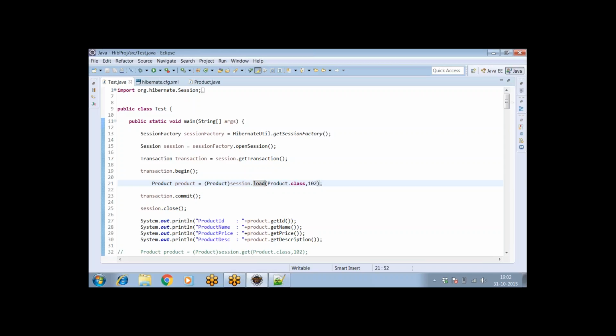Now let's see how the associated objects will be fetched here. What about the associated objects?